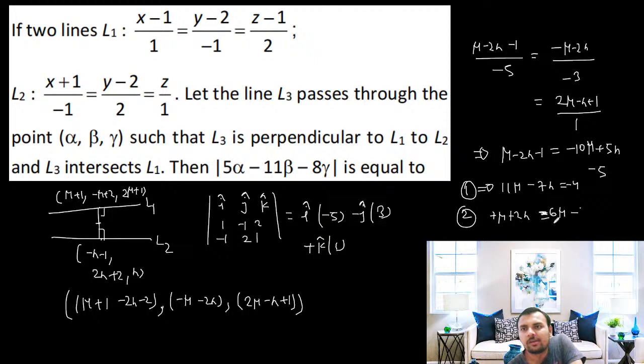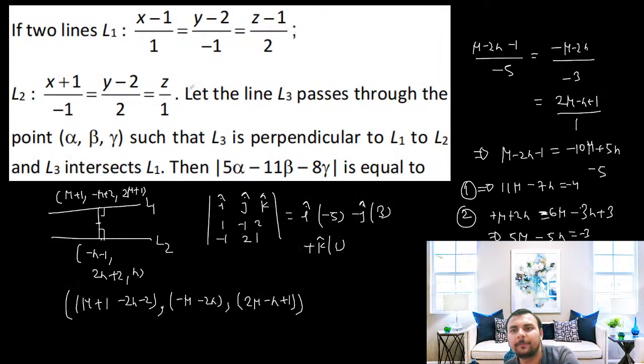Okay, 6 mu minus 3 lambda plus 3. It is 5 mu minus 5 lambda equal to minus 3. So we got two equations. So we'll solve in the next page.